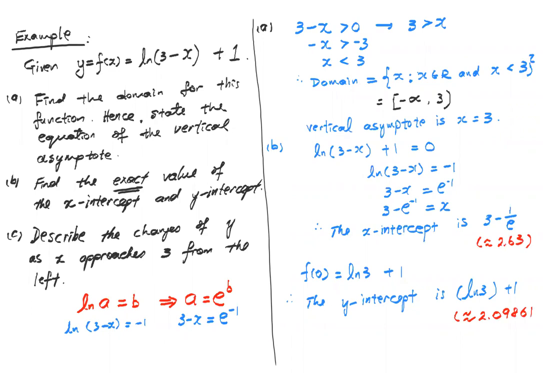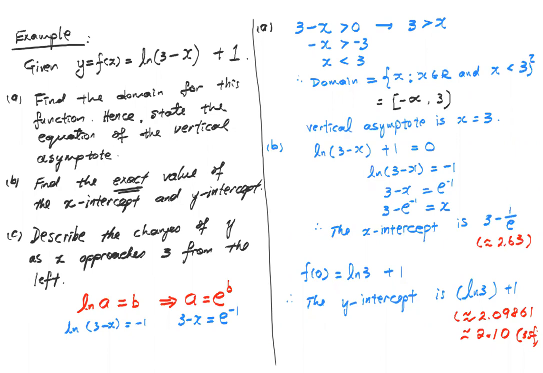So if 3 significant figures, you have to give me 2.10, 3 SF. Are you clear? All final answers, if you round it off to 3 significant figures. So that is how you round off.